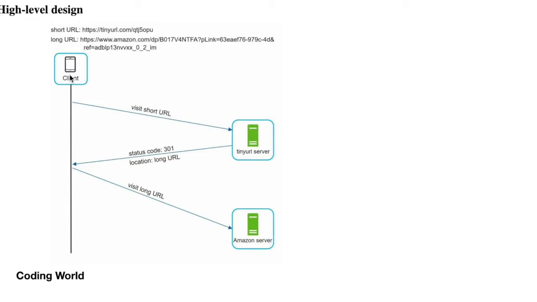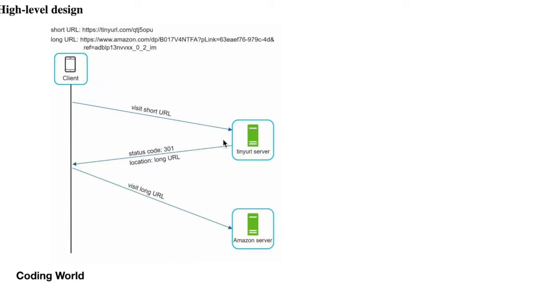If you see in this diagram, the high level design, when the client hits your tiny URL, it will go to the tiny URL server. The tiny URL server will find out what the long URL is for your tiny URL, and it will permanently move to that long URL.